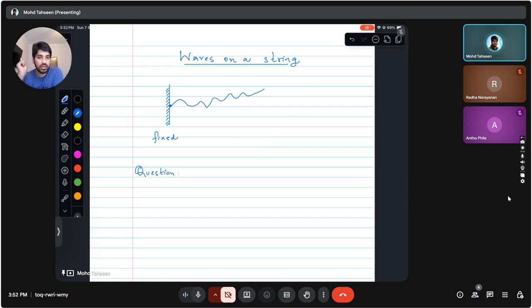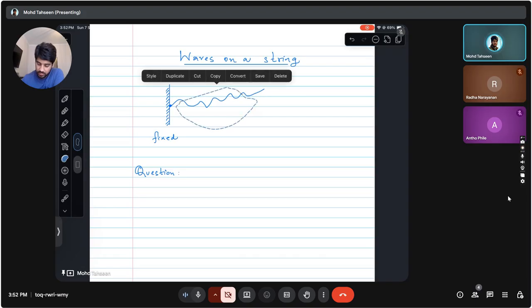So this string is not confined to anything, right? This support at the left end does not mean confinement. It just prevents the rigid motion of this string. Otherwise the string can just move in this configuration itself, right?